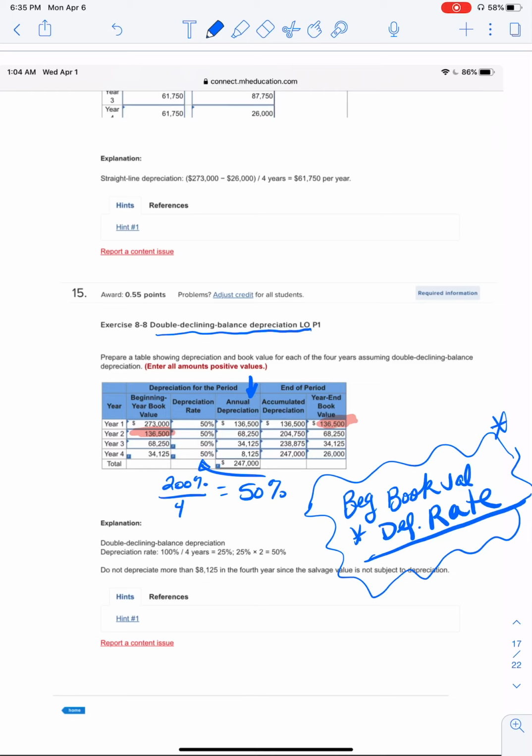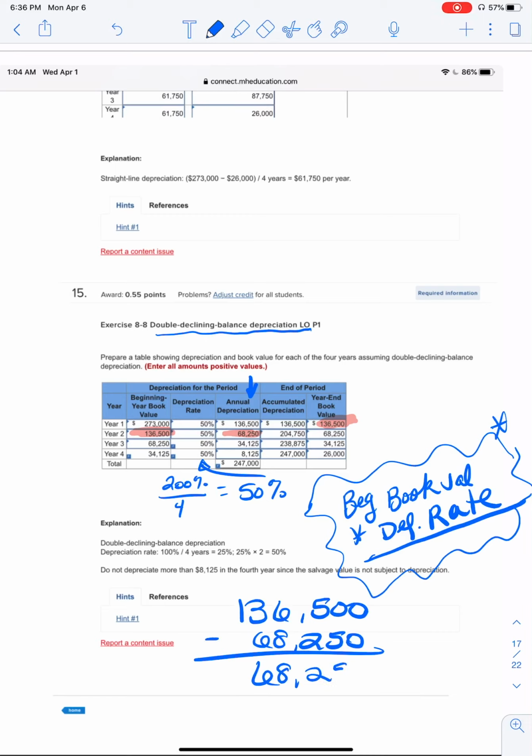Of course, 50% of $136,500 will give you $68,250. Then you'll take your $136,500, which was your beginning of year book value, back out the $68,250 in current year depreciation expense, and you'll be left with $68,250 as your year-end book value.